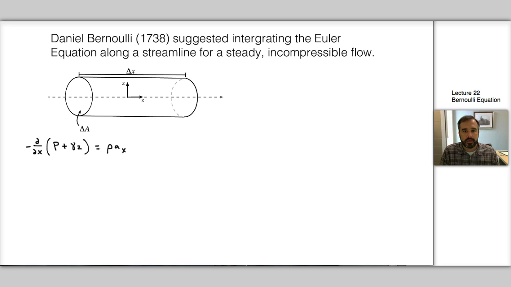The first thing I want to do is rearrange it slightly and divide through by the specific weight of the fluid, gamma. So let's do that. We're going to have negative d over dx of p over gamma plus z is equal to, and recall that the specific weight of the fluid is simply rho times gravity.